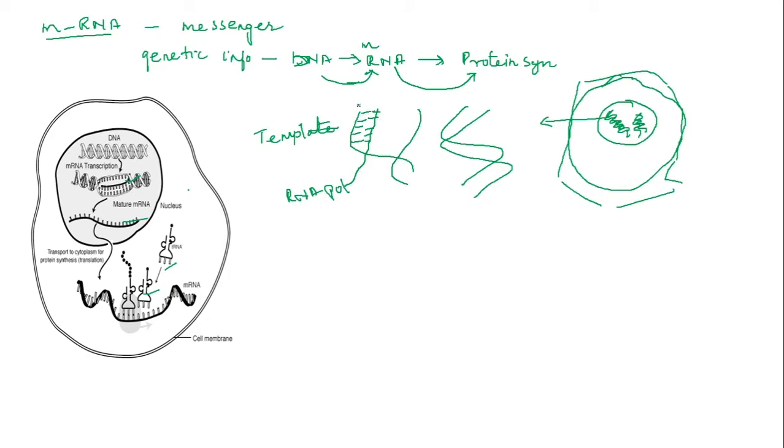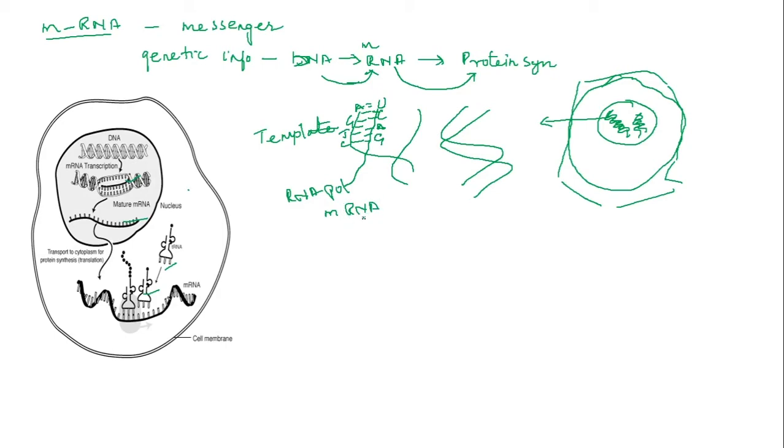Adenine pairs with uracil, since thymine is not there in RNA, cytosine with guanine, thymine with adenine, and guanine with cytosine. Like this, there is complementary base pairing. This RNA is the mRNA which is formed.